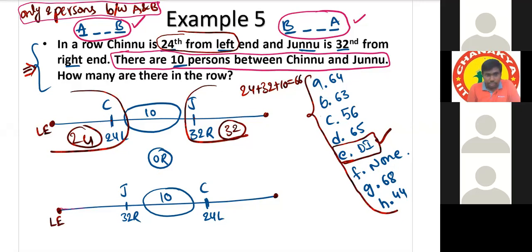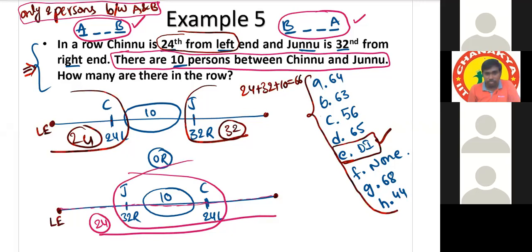From left hand, Chinnu is how many person? 24. Including Chinnu, how many are there to the left of Chinnu? 24. From right hand, Junnu is how many position? 32. Including Junnu, how many are there to the right of Junnu? 32.